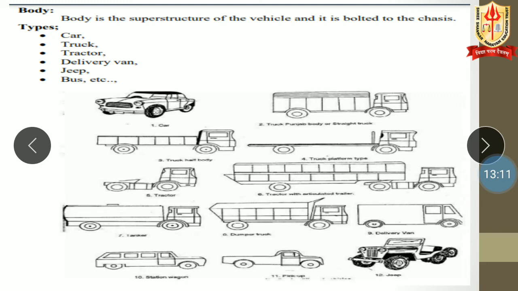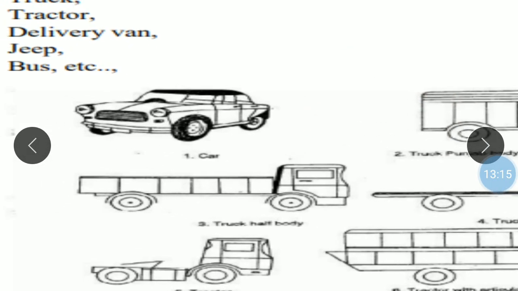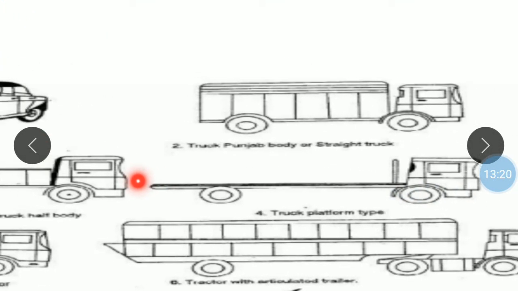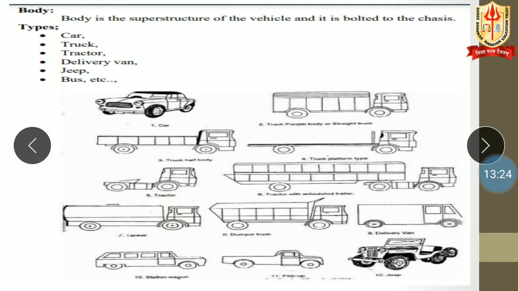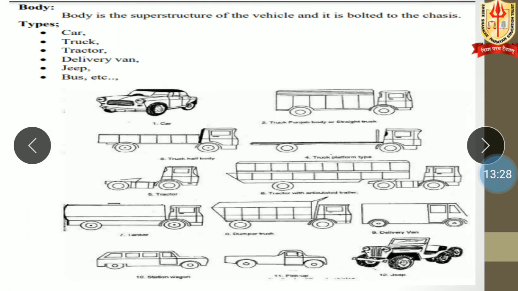We can see this is a car, and the body of a car is different. Then we have a truck, and the body of a truck is different. We have a trailer, and the body of a trailer is different. This is a heavy trailer.